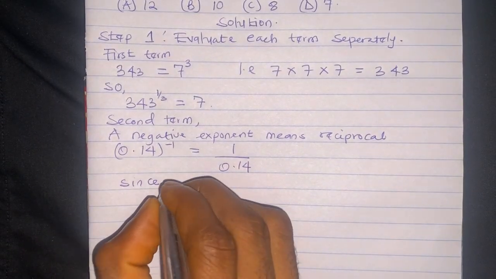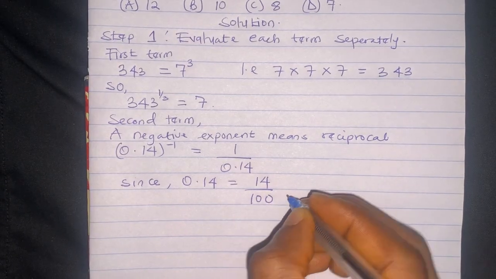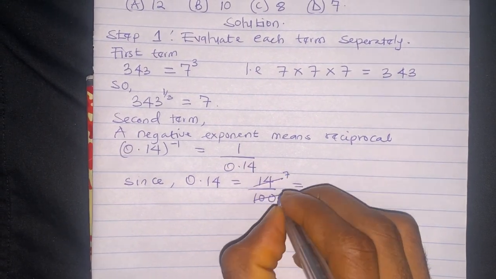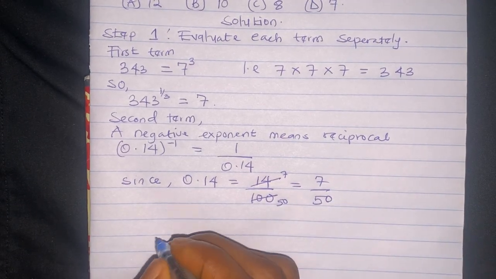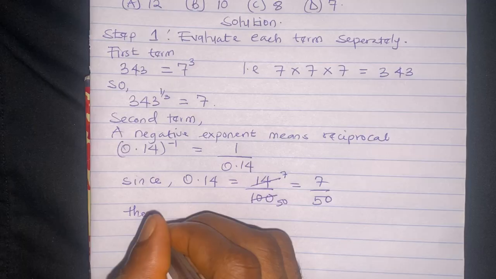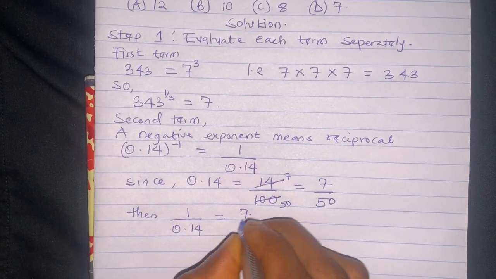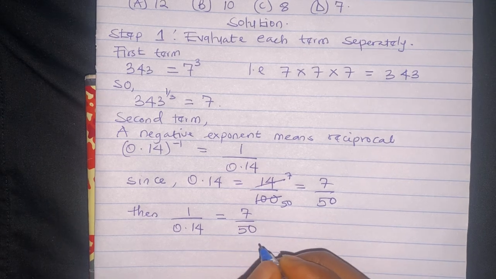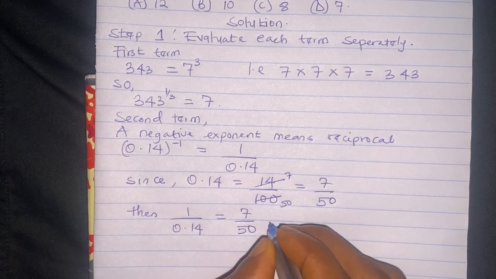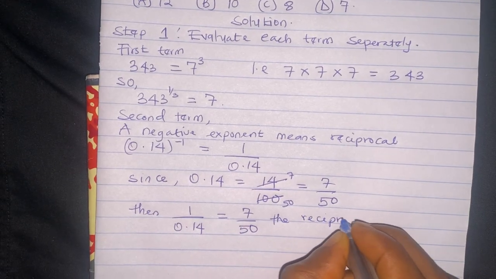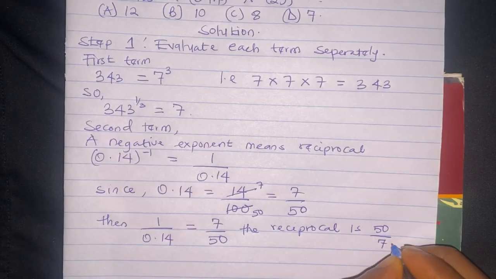Since we have 0.14, if we express it as a fraction, we have 14 all over 100. 2 into 14 will give us 7. 2 into 100 will give us 50. We have 7 over 50. Then we have 1 over 0.14 is equal to 7 over 50. But we need to take the reciprocal. So the reciprocal of this will give us 50 over 7. That is that for the second term.